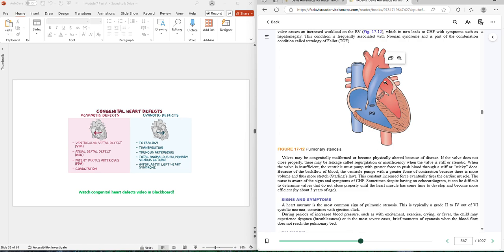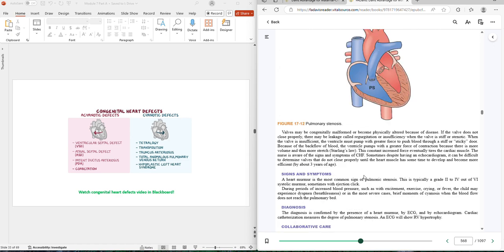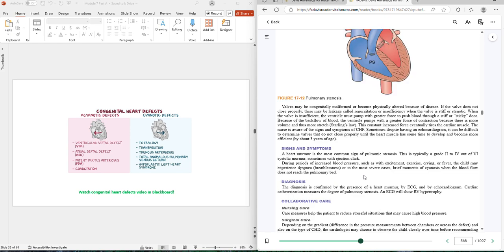One of those has a defect, okay? Signs and symptoms, of course, will be a murmur, grade 2 to 4 out of 6. Sometimes you'll hear a click on ejection, okay? And that's pulmonic stenosis. And of course, we confirm that with an echo, right? ECG.